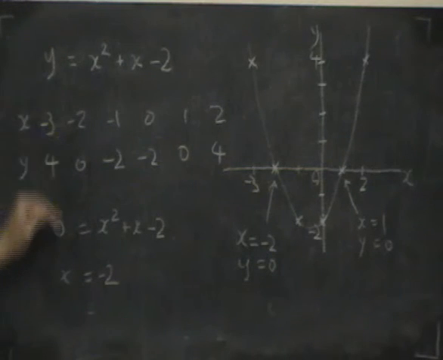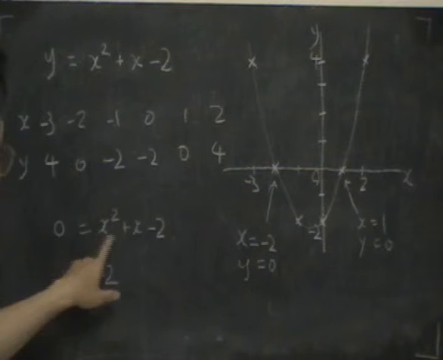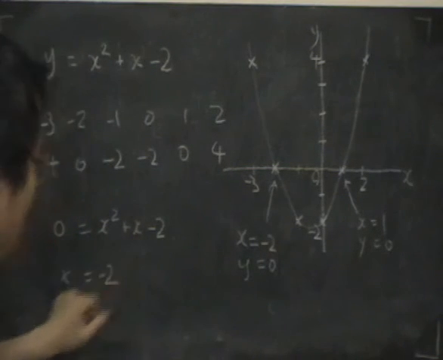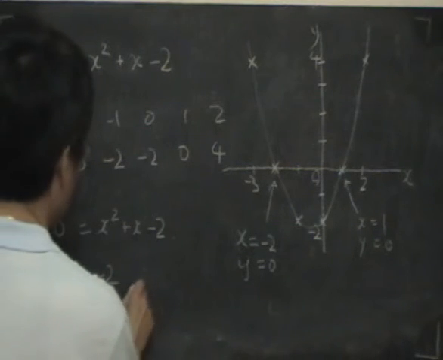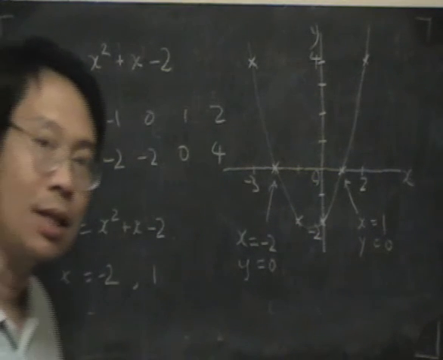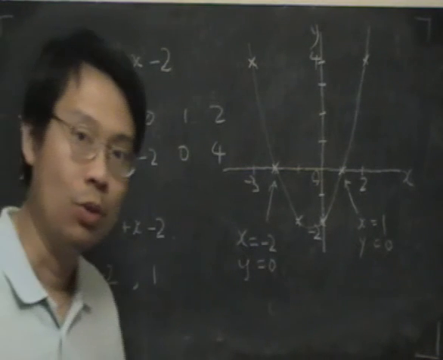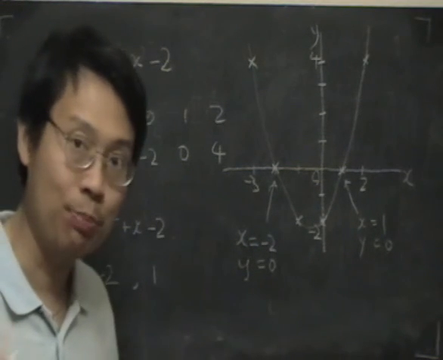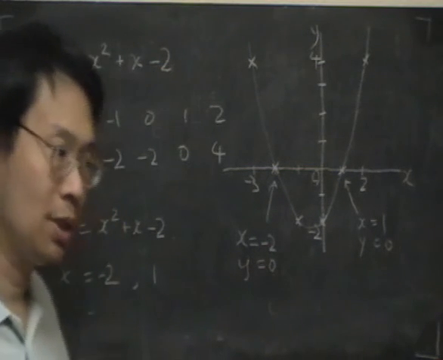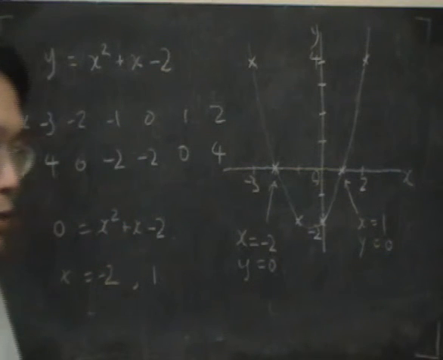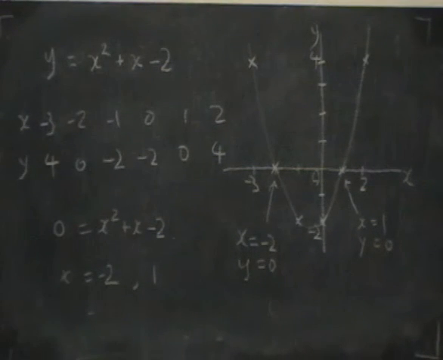So if you come down to this equation, it also means that when x is 1 here, the y is also 0. Therefore, x equals 1 is another possible solution. We can expect two solutions because we have learned quadratic equations in an earlier session, and we have seen that you can have two answers for a quadratic equation.